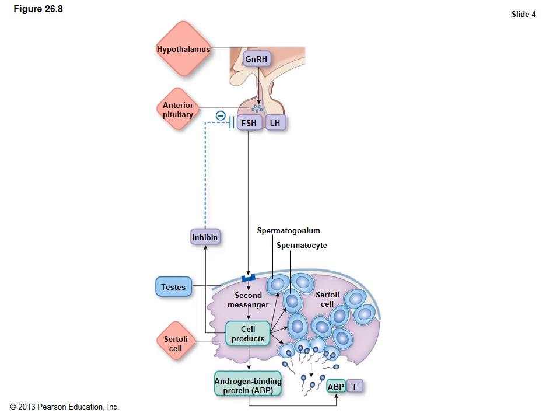In addition to the different paracrines which are produced through the binding of FSH, which help with the process of sperm production and development, the binding of FSH also leads to the production and release of androgen binding protein.